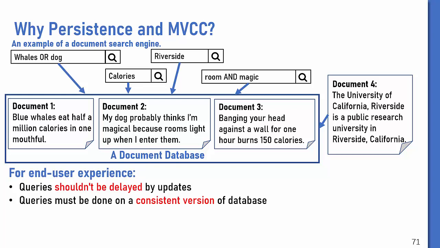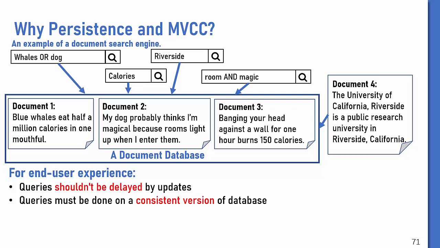For end user experience, it is important to guarantee that the queries are not delayed by any updates. We cannot afford queries waiting whenever a new document is inserted. Otherwise, the users may need to wait for a long time, so they can be angry. And also, queries must be done on a consistent version of the database.